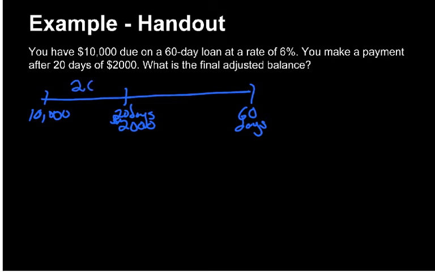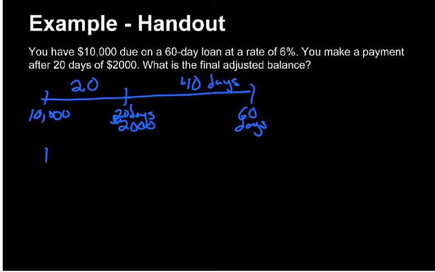So this first span is 20 days, and then the remaining span from the 20 days on to 60 days is 40 days. We're going to have to know those two numbers when we're figuring out interest, because the interest that accrues on the first 20 days is going to be, then we're going to take that $2,000 away, and our principal is going to be different that we use on the next 40 days.